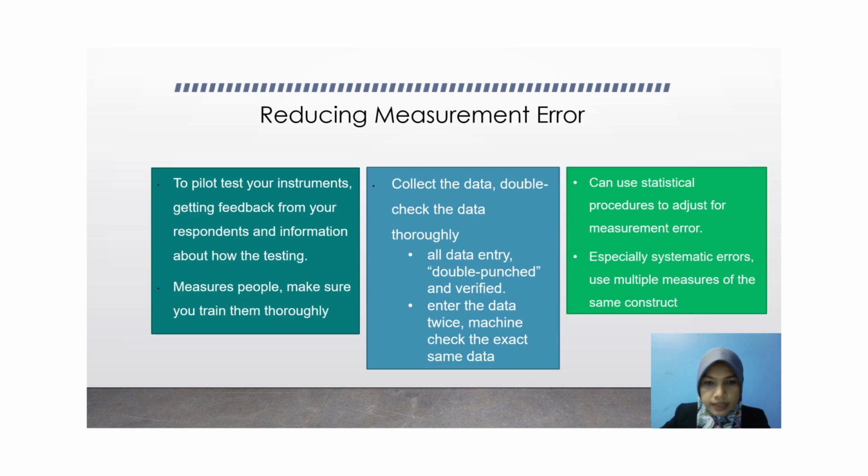Second, if you are gathering measures using people to collect the data, for example as interviewers or observers, you can make sure that you train them or your respondents thoroughly so that they are not inadvertently introducing error.